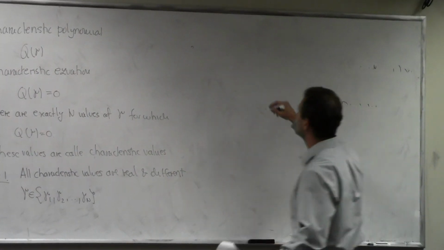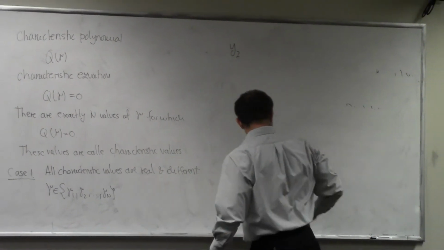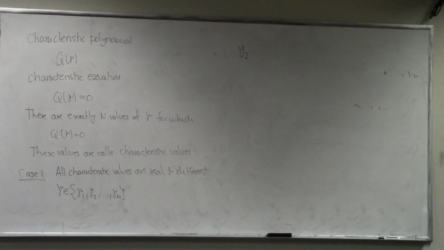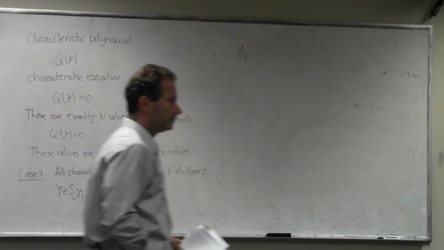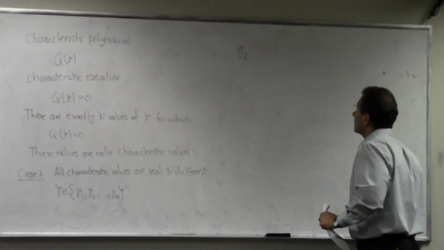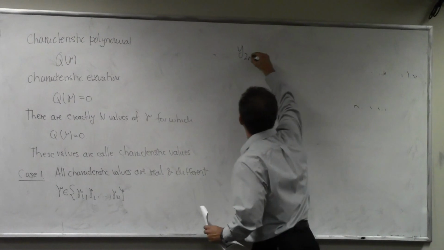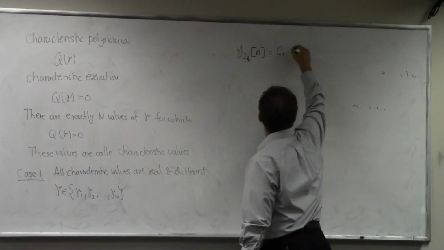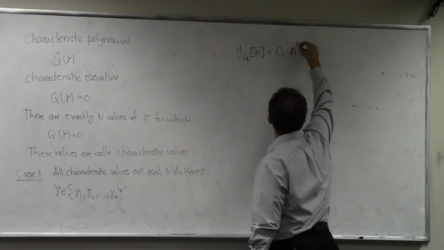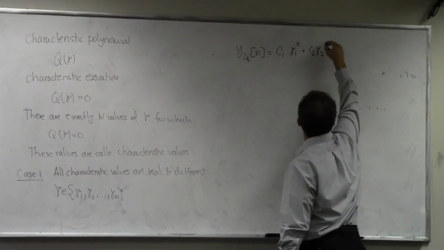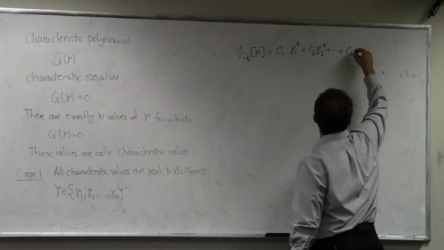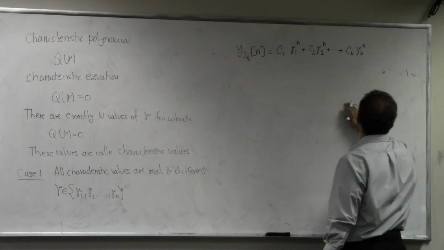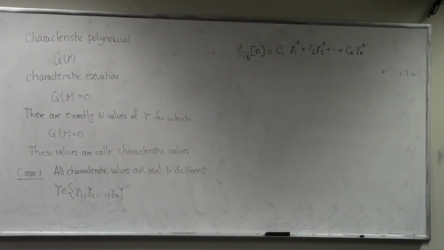Then your zero input response of n is in this form: C1 gamma 1 to the n plus C2 gamma 2 to the n plus and so on, Cn gamma n to the n. Sorry, this is little n.